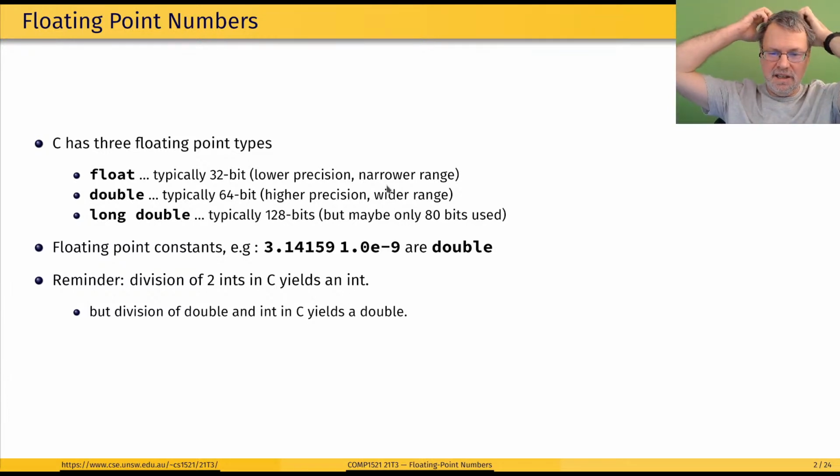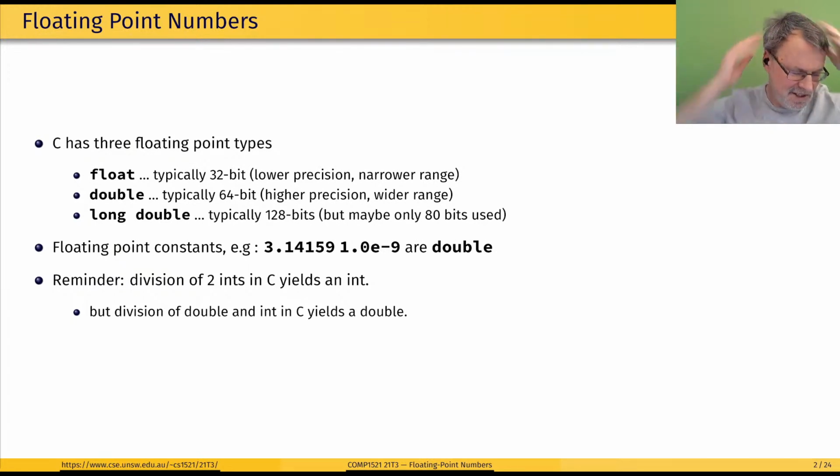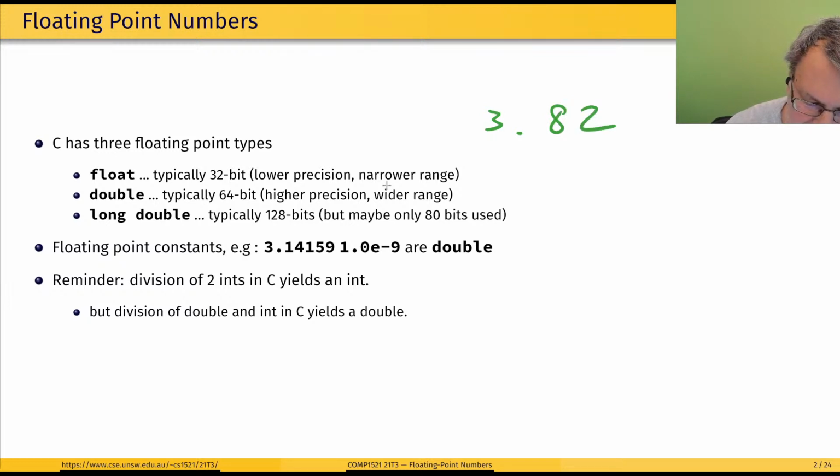All right. Floating point numbers, fractional numbers. You've had a long exposure to them since primary school, probably. You've seen fractional numbers written in a floating point form where you write out 3.82.